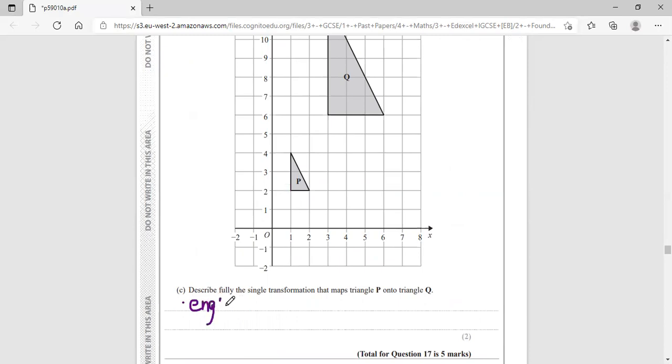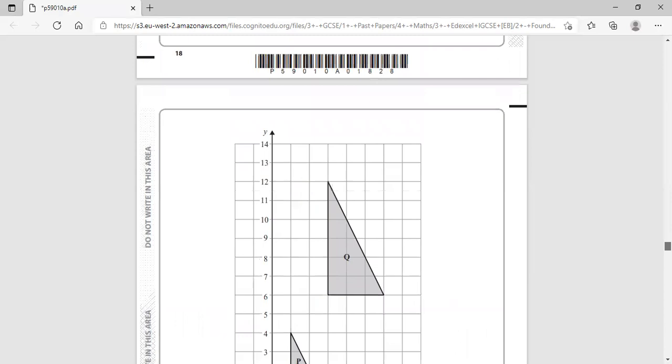And then you have to say the center of enlargement. So we'll say enlargement around, and the way you work this out, you really need straight lines here. So I'm going to just get some straight lines up.